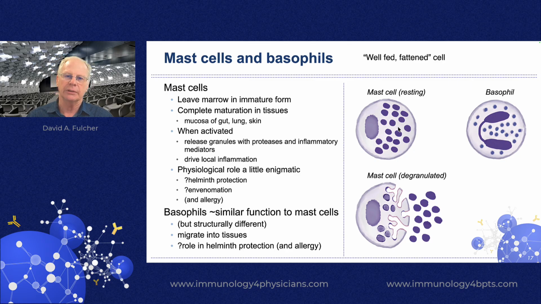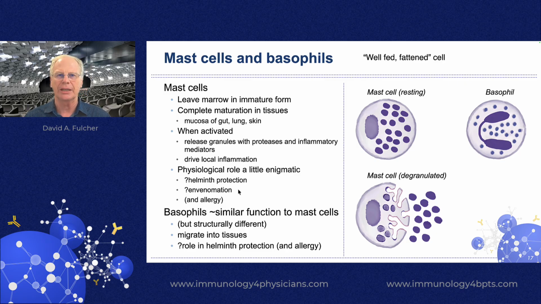They're called mast because mast, I think in German, means well-fed or fattened because they're so full of these granules. So all these granules, once the cell is activated, are released and the cell becomes degranulated, releasing all the mediators that happen to be present in these granules, as well as making new mediators which mediate inflammation. So that's what they do.